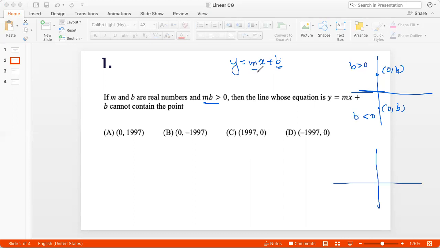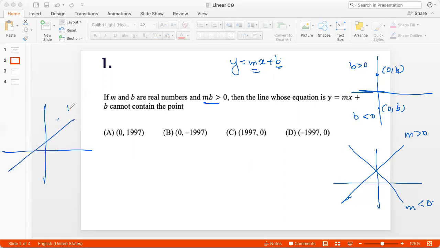Similarly, m here is the slope. When the line is rising, m is positive, and when the line is falling, m is negative. So there are many ways in which I can make a line. This line has m positive and b positive.